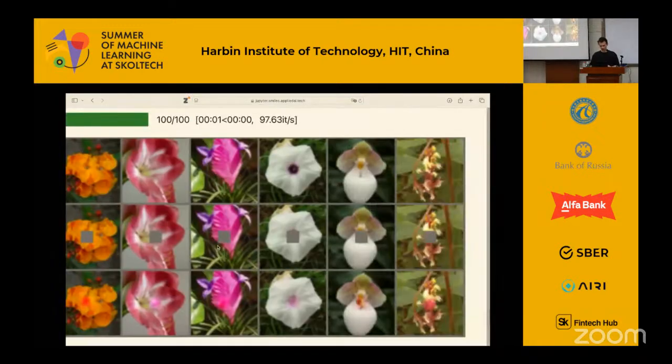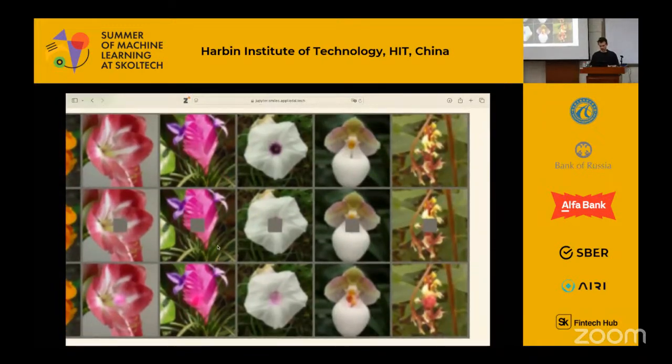So these are the same flowers as for the previous batch matching, but as you can see, the images are much less blurry.